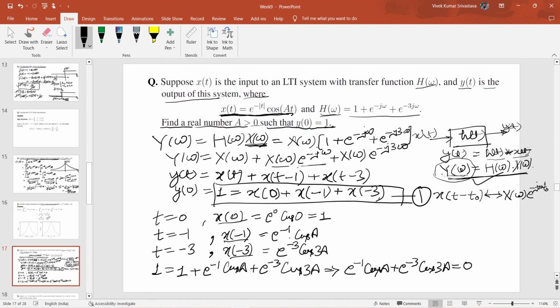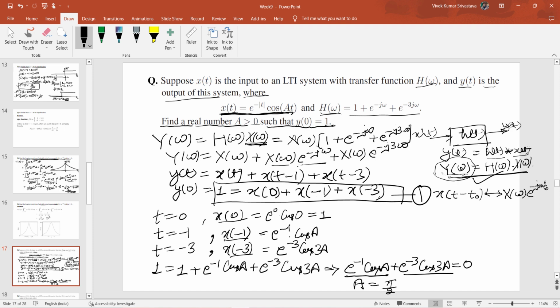So this equation will be 0 if the summation of these two is individually equal to 0. It means that e raised to the power minus 1 cos of a should be 0, along with e raised to the power minus 3 cos of 3a being equal to 0. This can happen only if a is an integer multiple of pi by 2.